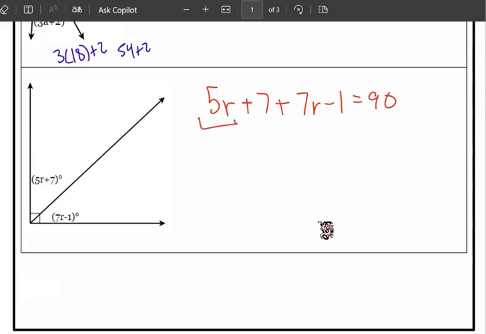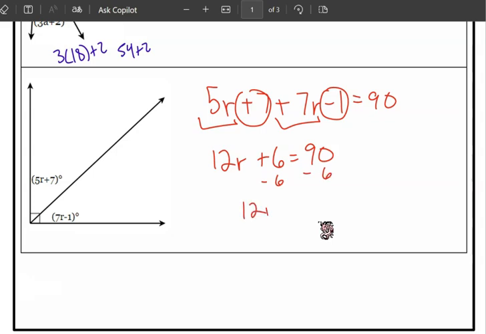Combine the like terms. 5R plus 7R is 12R, and 7 minus 1 is 6. Subtract the 6 from each side and divide each side by 12. R equals 7.